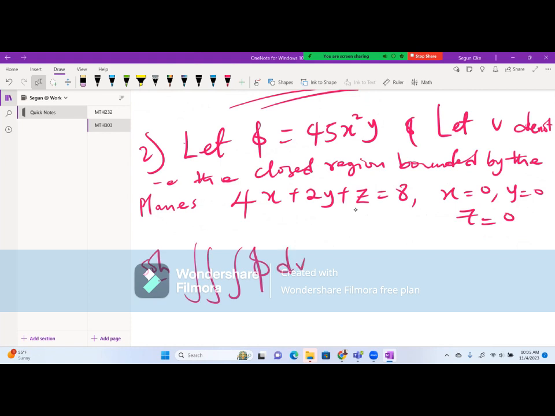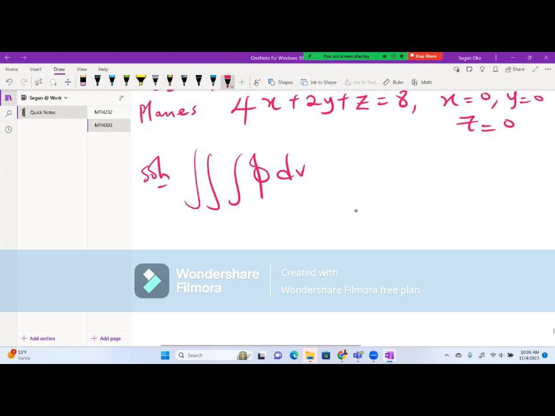We know dV is dx dy dz. We are given the initial conditions x equals 0, y equals 0, z equals 0, but what about their upper limits? We are not given. So what we need to do is look at the second equation, the closed region: 4x plus 2y plus z equals 8.